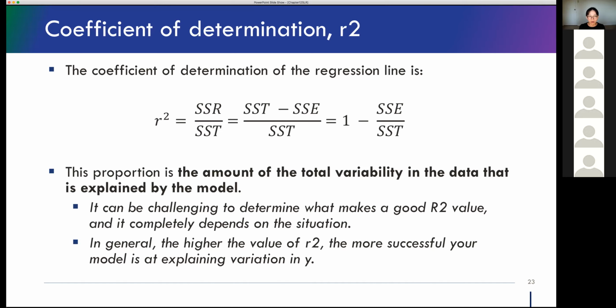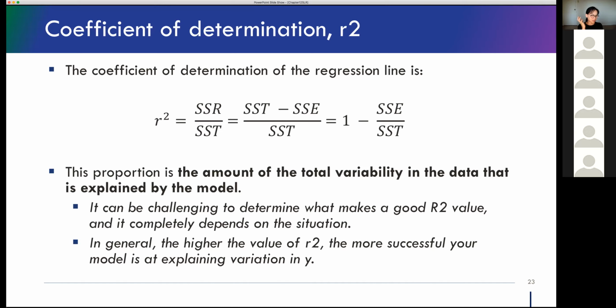It depends on how messy your data is, and how hard it is to carry out the experiment. But in general, R squared of about 0.8 would be considered good. We know that the higher the value of R squared, the more successful your model is at explaining variation in Y. It's the amount of total variability that your model explained. So we want higher R squared. The higher the better.